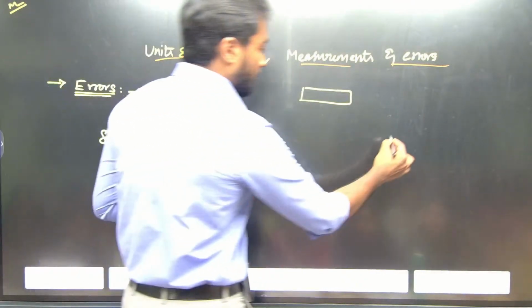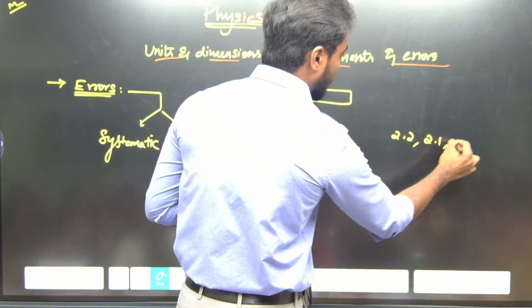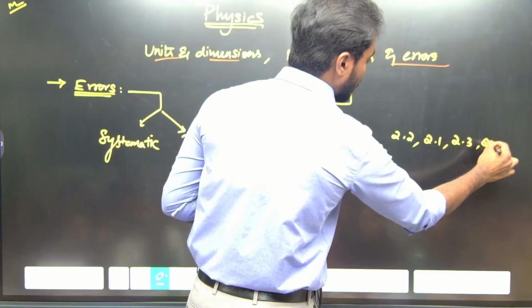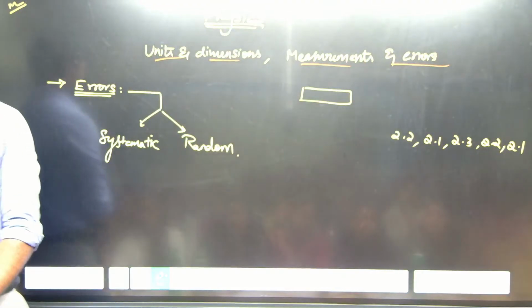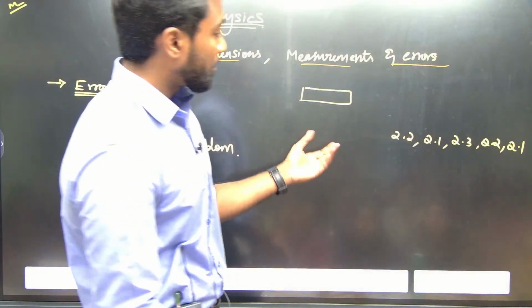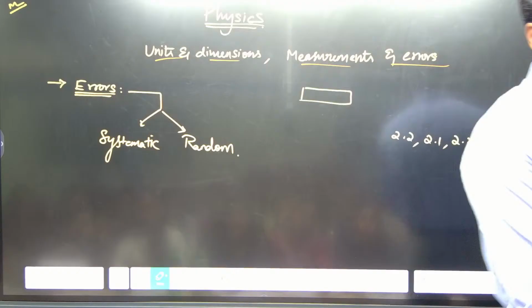For example 2.2, 2.1, 2.2, 2.3, 2.2, 2.1. So you measured 5 times and got different values.